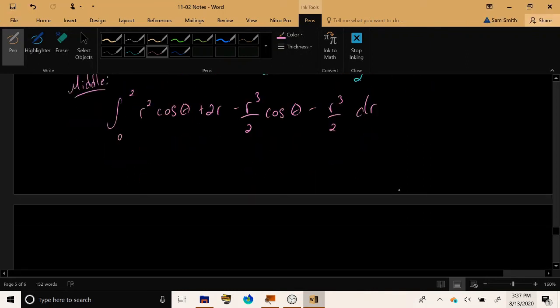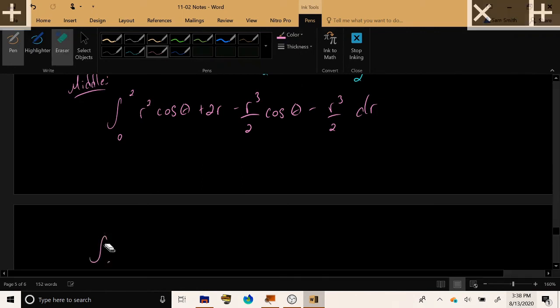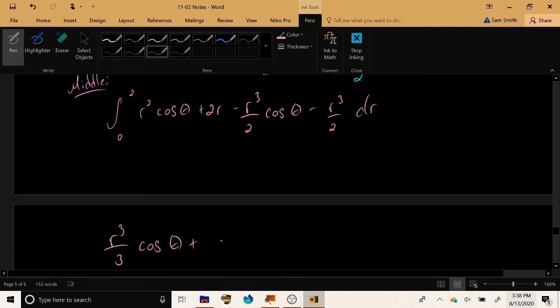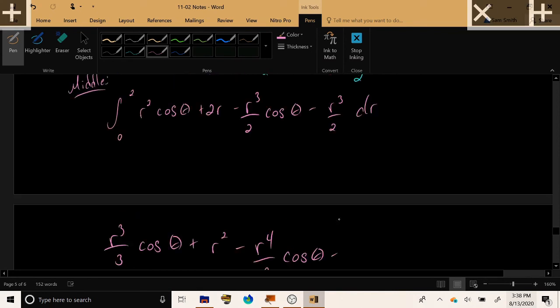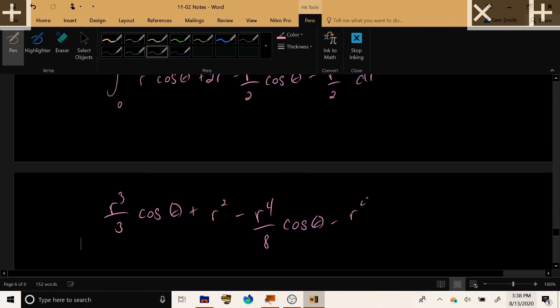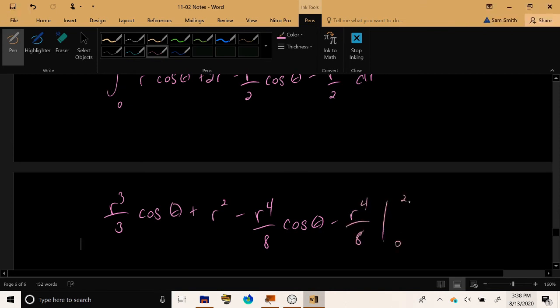So applying the power rule, we have r cubed over 3 cosine theta plus r squared minus r to the 4th power over 8 cosine theta minus r to the 4th power over 8, evaluated from 0 to 2.